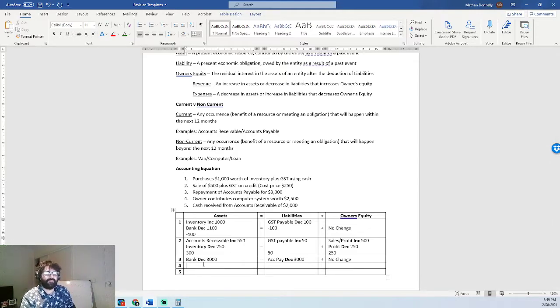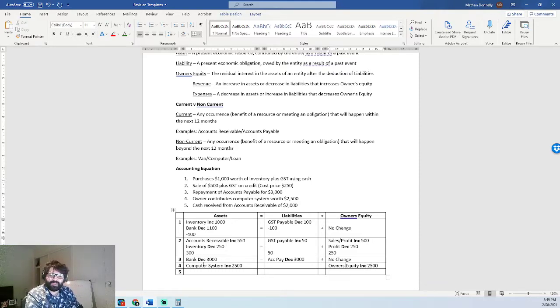So this time the owner is putting in his own computer system. He's paying for it himself, or he's bought it and then he's going to give it to the business. So computer system is an asset because the business can use it. So that's an increase. There we go. And then we look at liabilities, no change, but we see owner's equity increase 2,500.